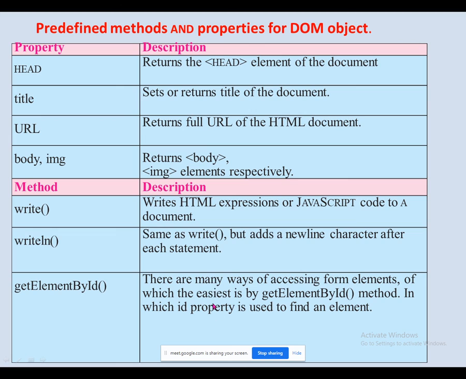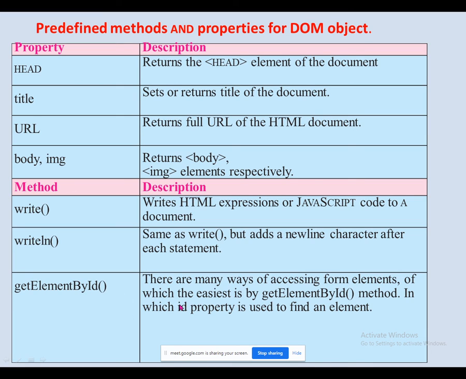Whenever you are working with a form, you are adding many elements, like text boxes, radio buttons, and so on. See, when you are working offline, there is no need to add the name. I always say no need to use the name attribute. But when I am working online, at that time the name attribute is very, very important. So here id is related to that name property.